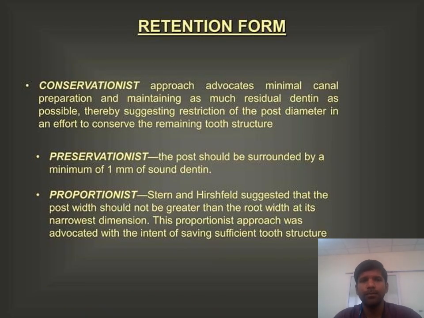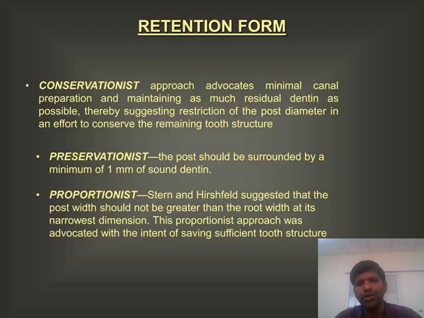The conservationist approach advocates minimal canal preparation and maintaining as much residual dentin as possible, thereby suggesting restriction of the post diameter in an effort to conserve the remaining tooth structure. In case of the preservationist concept, the post should be surrounded by a minimum of 1 millimeter of sound dentin.